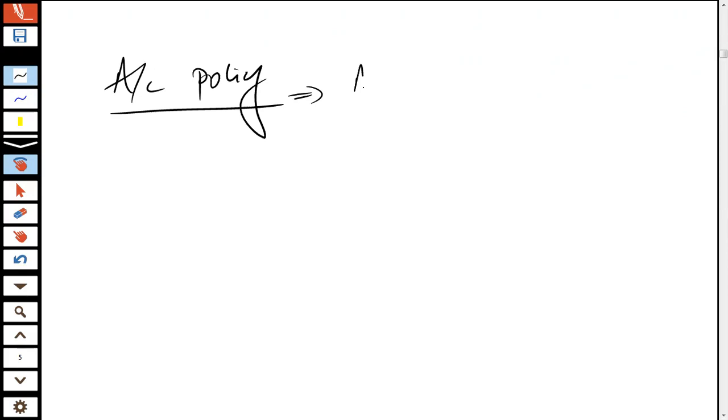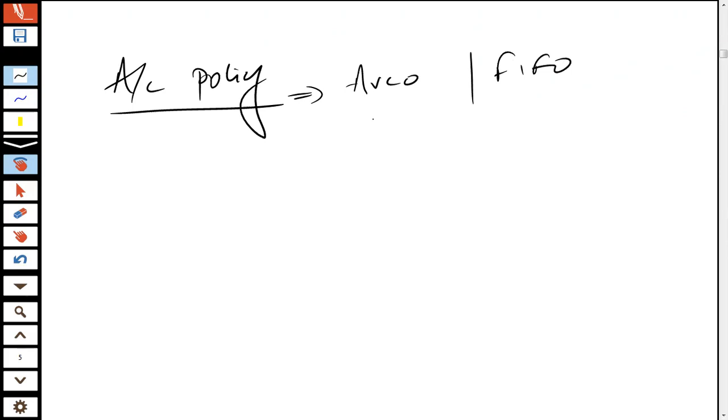Let's move a bit forward and discuss the other aspect, which is the accounting policy. Examples of different accounting policies are the use of average costing or the first in first out method for valuing inventory.